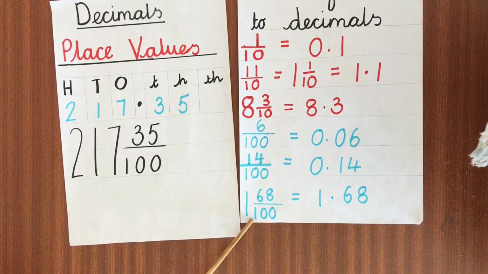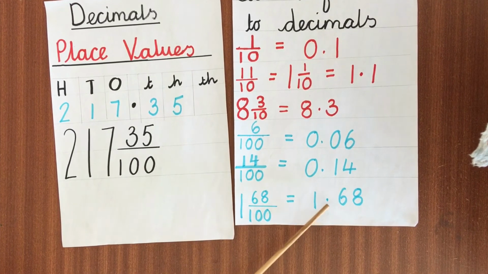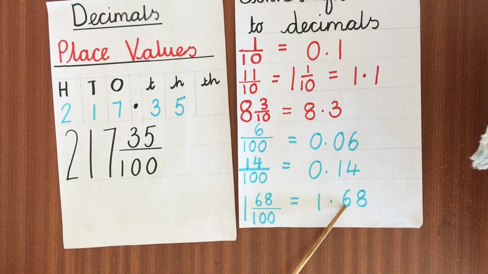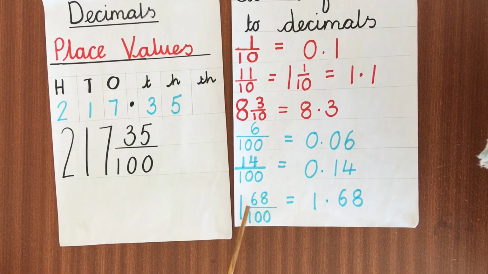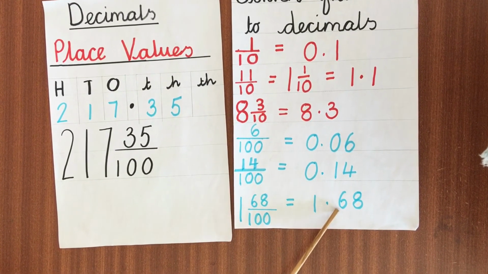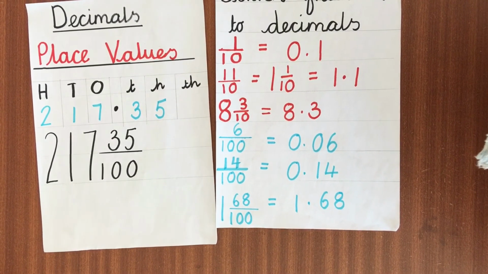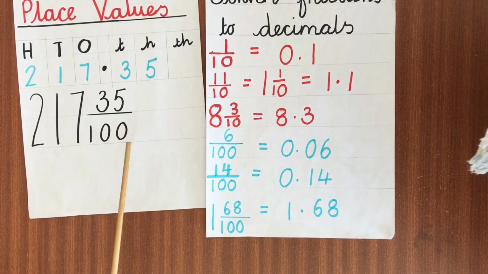The denominator has hundredths, meaning there'll be two numbers after the point. The 6 tenths and the 8 hundredths. So you write it as 1.68.